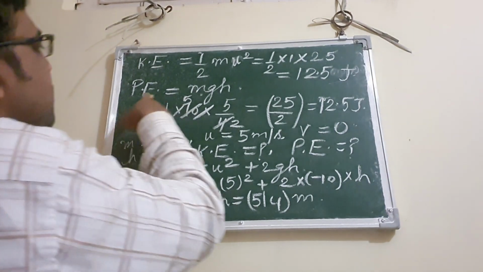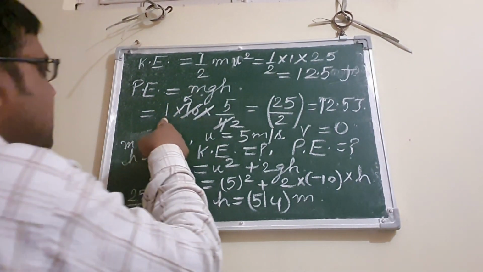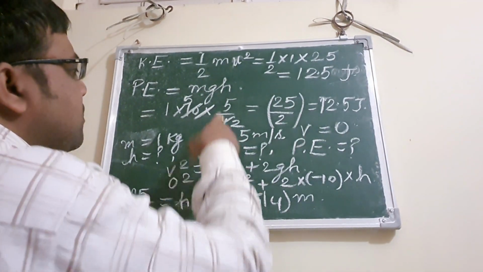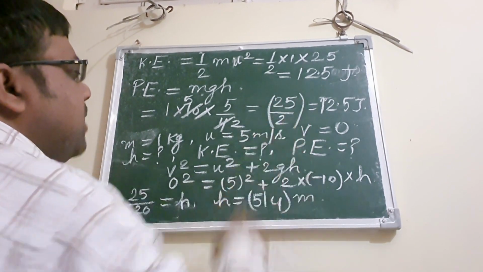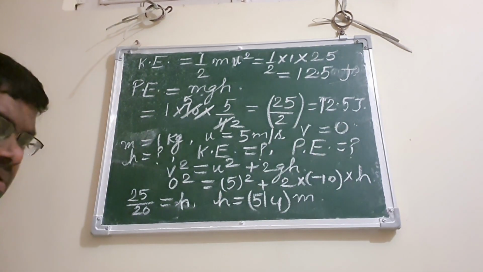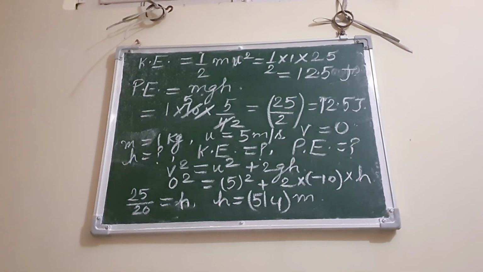So potential energy equal to mgh. So mass is 1, gravity is 10, and height at end, that was 5 upon 4. Simplifying, it is coming out to be 25 by 2. So it is coming out to be 12.5 joule. So this is our answer for the potential energy.